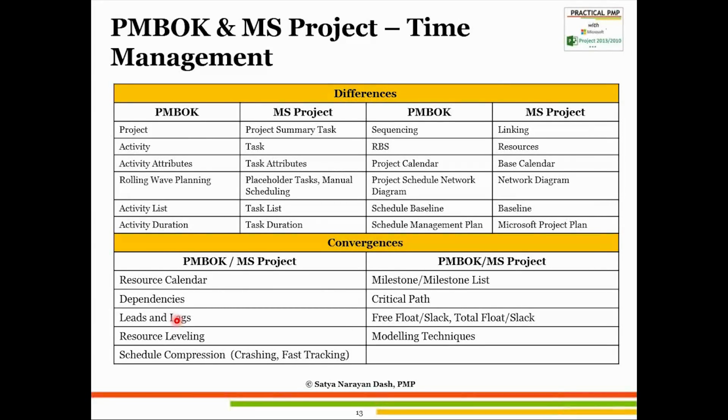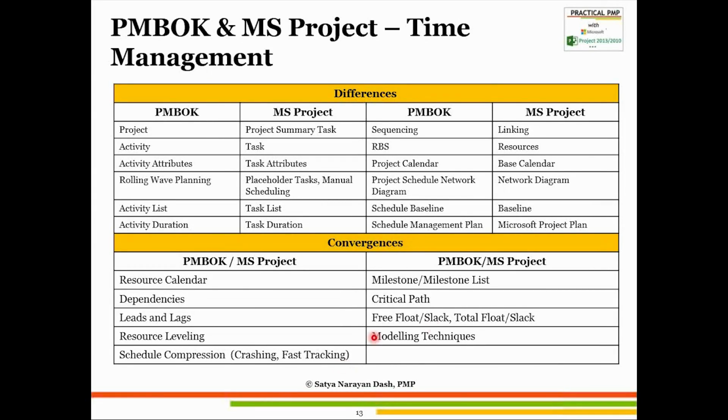You have resource leveling, a kind of resource optimization technique in the PMBOK guide. Microsoft Project also uses the same term, resource leveling. There is schedule compression, a tool and technique used in the PMBOK guide in develop schedule or control schedule. There are two kinds of schedule compression, crashing and fast tracking. The same terms are used in Microsoft Project.